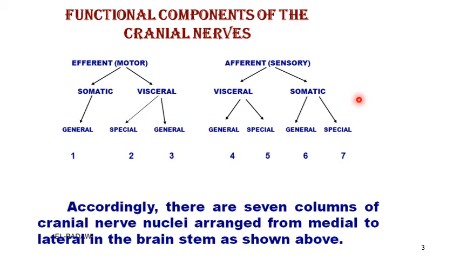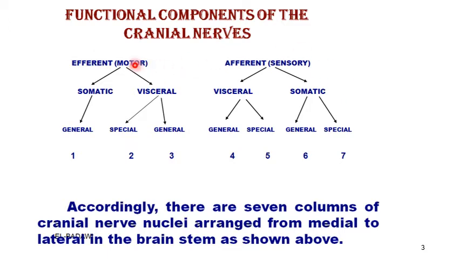Let's start with how these cranial nerves are divided functionally. There are two main groups, as with any nerves: the efferent group, or the motor, and the afferent one, which is the sensory one.